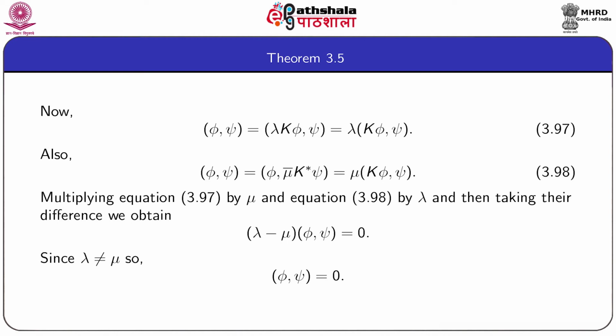Now we multiply equation 3.97 by mu and equation 3.98 by lambda, and we take the difference to get lambda minus mu into the inner product of phi and psi equal to 0. Since we have assumed that lambda is not equal to mu, therefore the inner product of phi and psi equals 0.